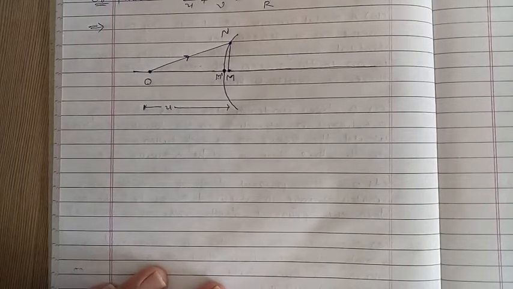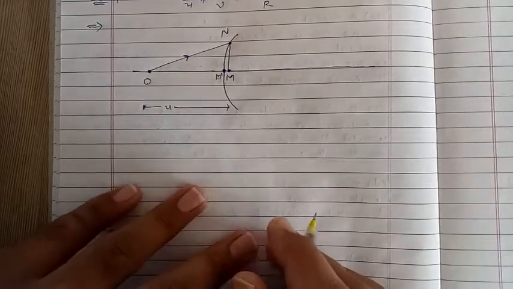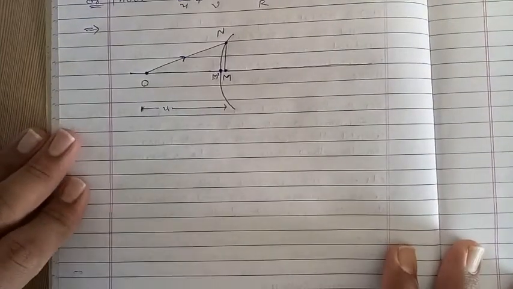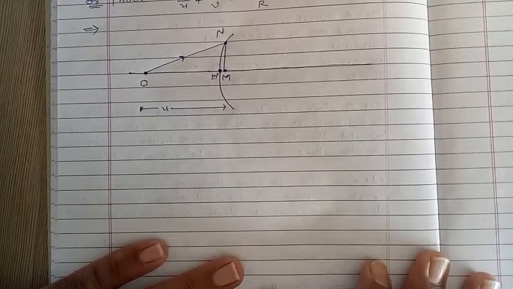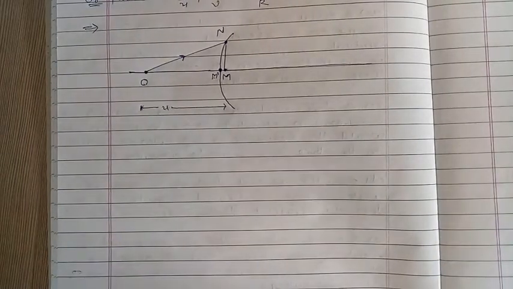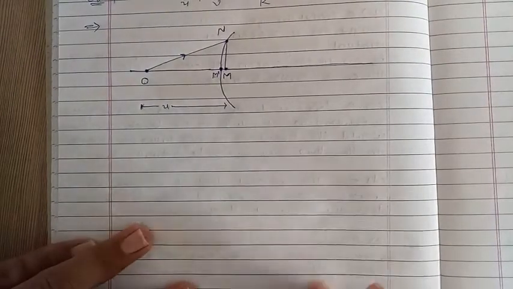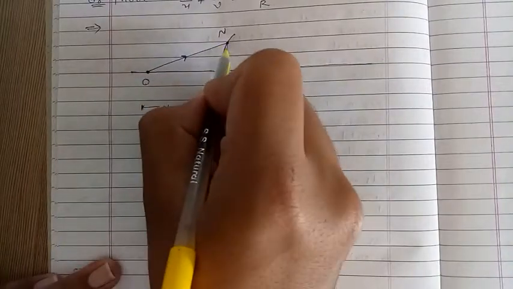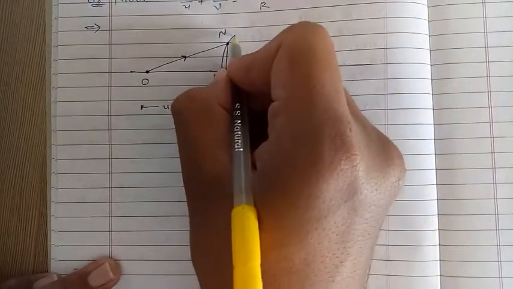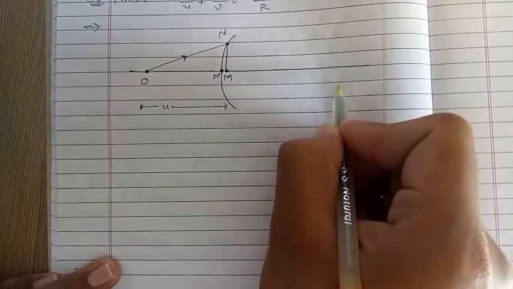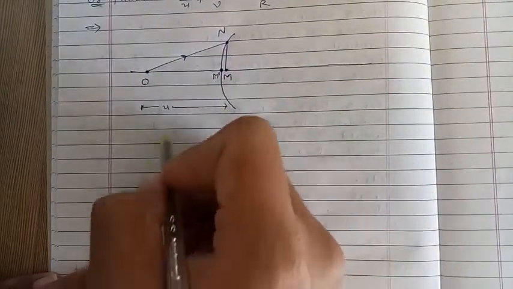Okay, now we already discussed that if we draw a normal, this normal always passes through the center of curvature, right? We already discussed that. So here this is the spherical surface, like this, this is our surface.